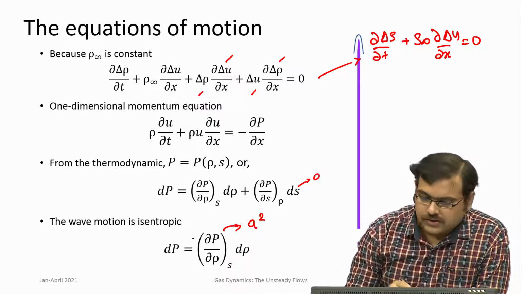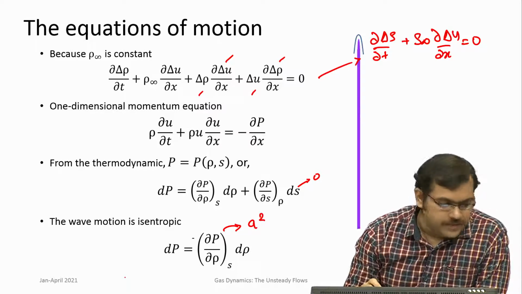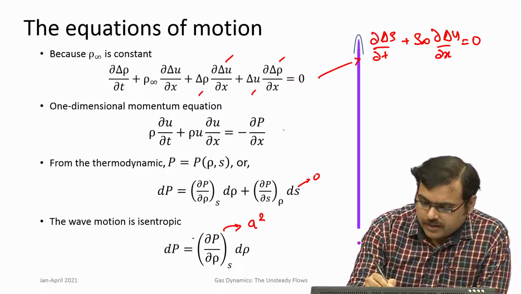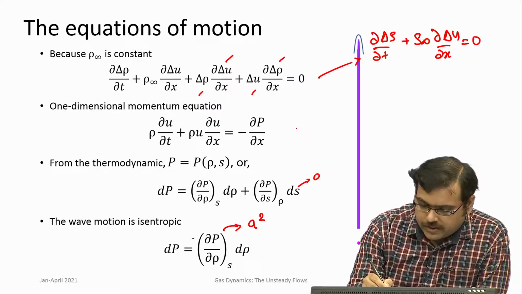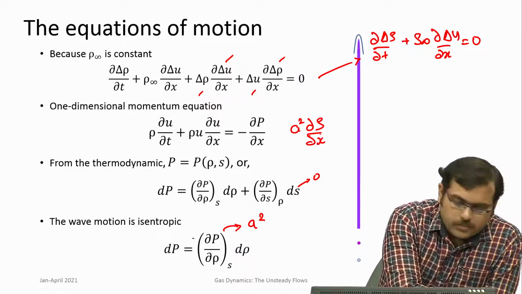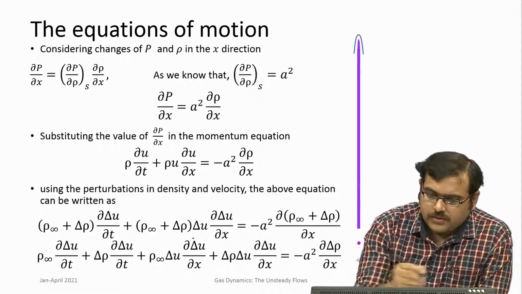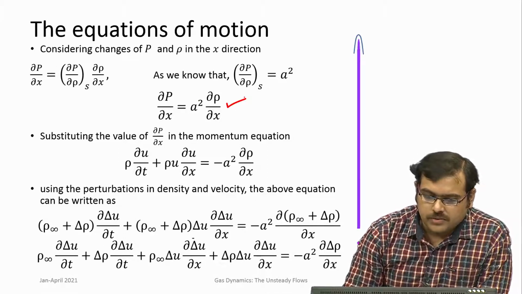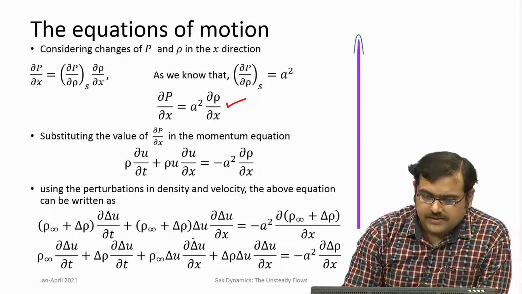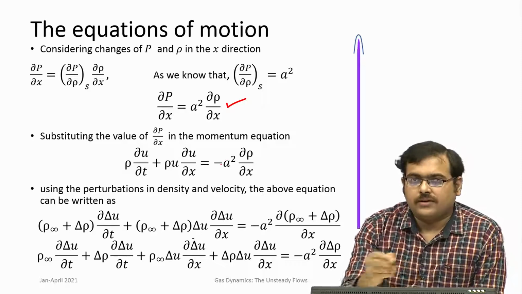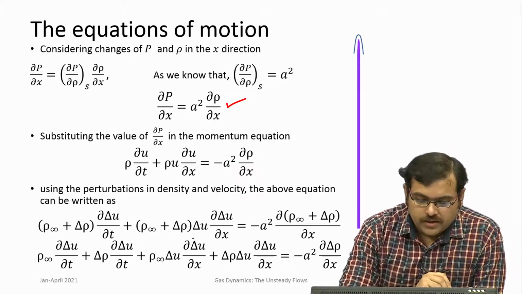So, this term can be brought inside the equation, and thereby ∂p/∂x can be converted to a squared ∂rho/∂x. So, that is what is done here. It has been converted to the changes in density, and now a squared in general can be a variable.